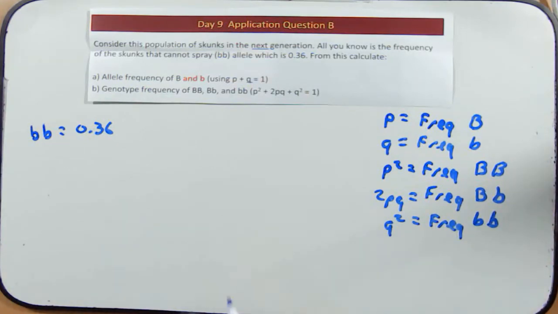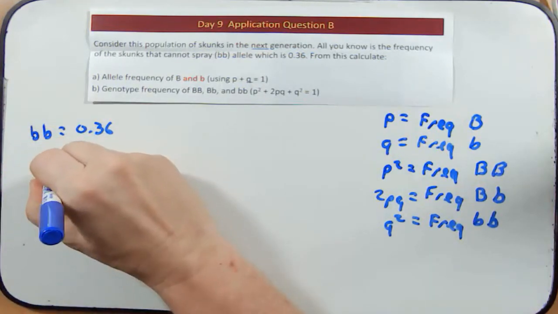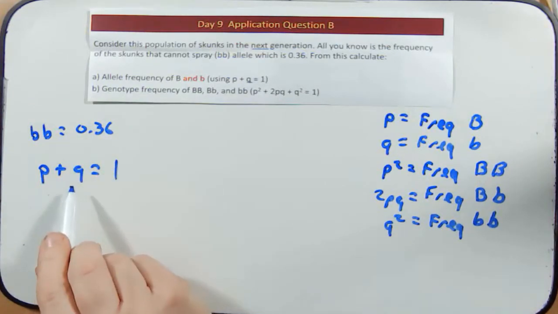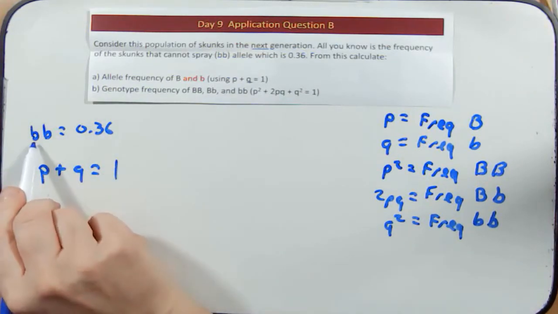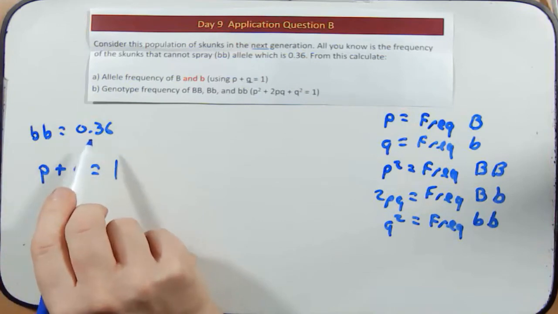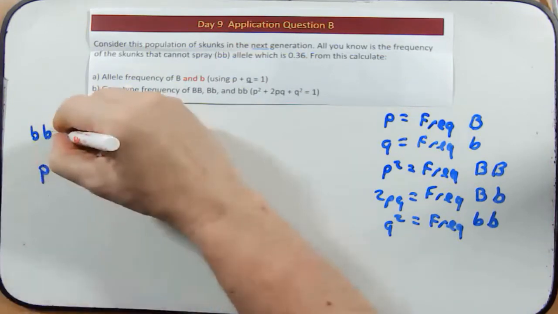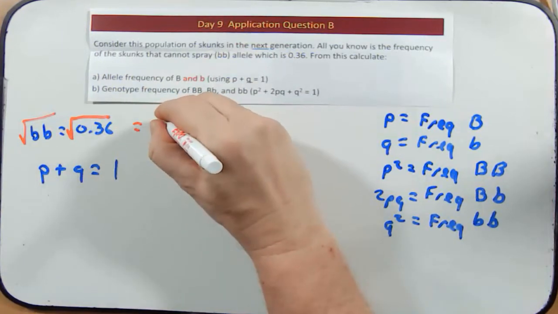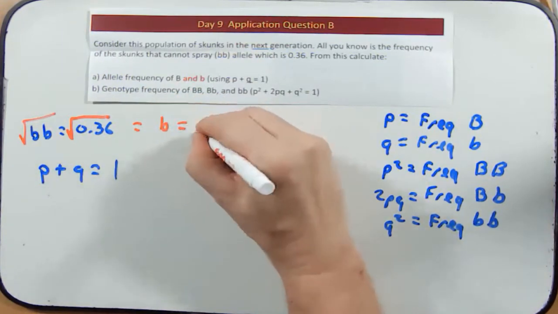All right, so we're going to solve this first equation first to determine the allele frequencies of big B and little b. So P plus Q is equal to 1. We can calculate Q because we know that little b, Q squared, is equal to 0.36. If we take the square root of each side here, we'll end up with the frequency of little b, Q, is equal to 0.6.